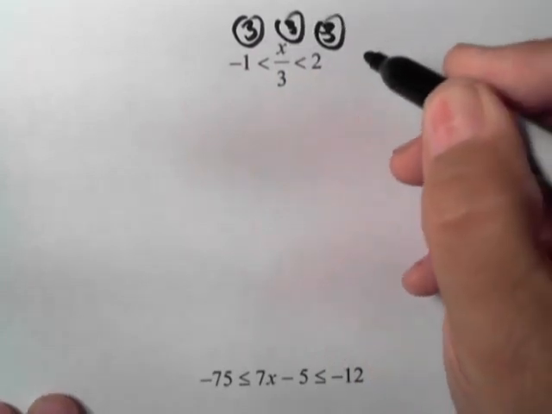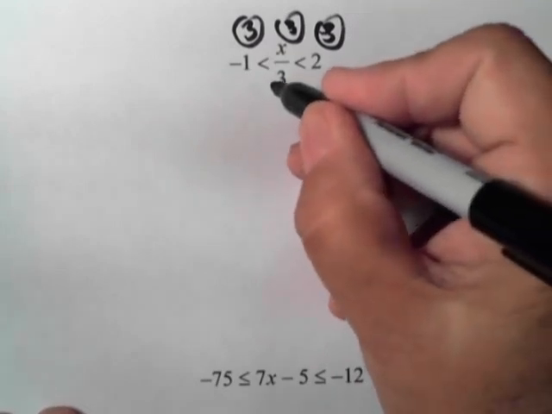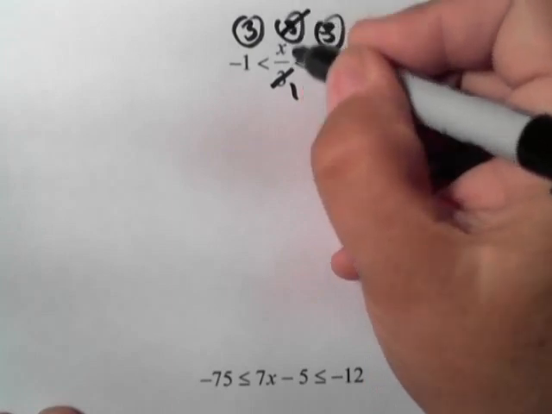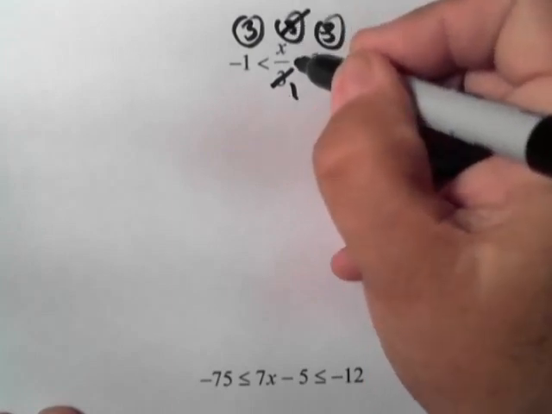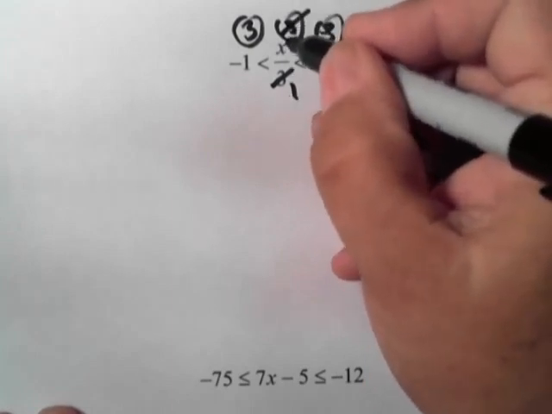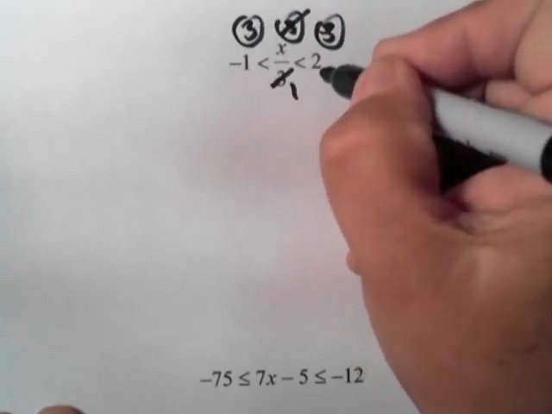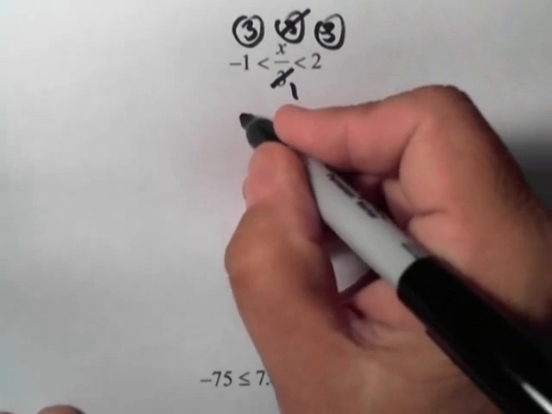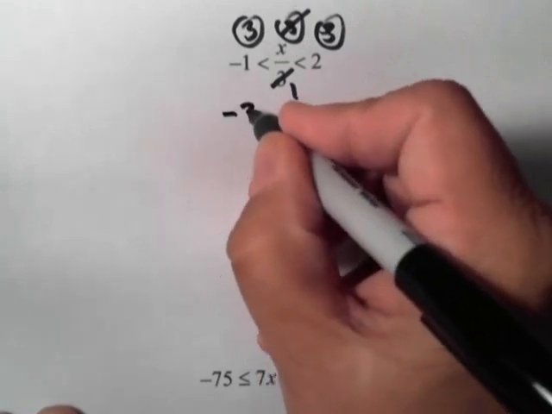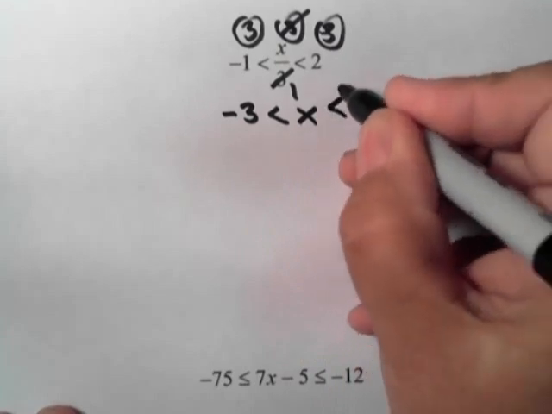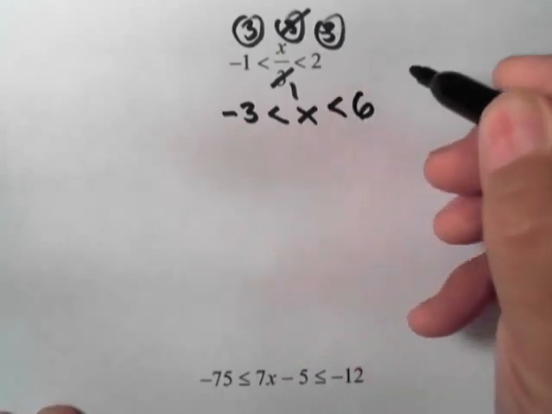And of course, the guy in the middle here, 3 divided by the 3 up here, you're basically just reducing. You get the x by itself. Now remember, you've got to, of course, combine these 3's on either side. So this becomes -3 less than x less than 2 times 3, which is 6.